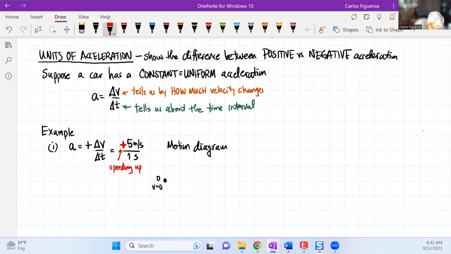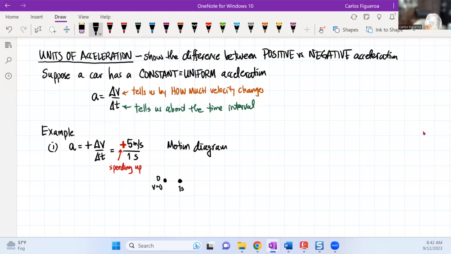That means that after 1 second, I'm going to say that this is 1 second now, what this is telling me is that my velocity has changed by 5 meters a second.